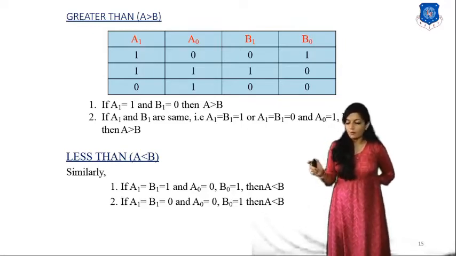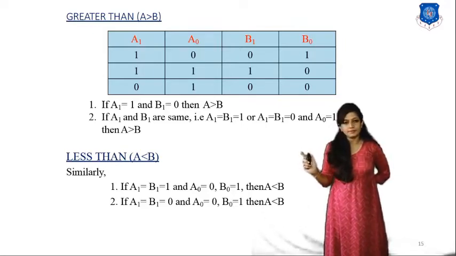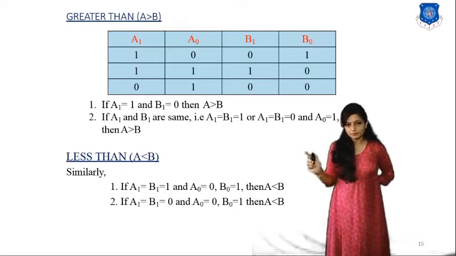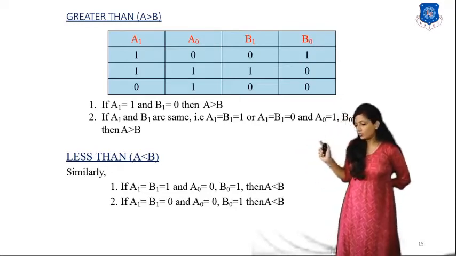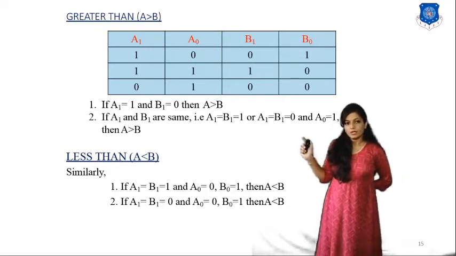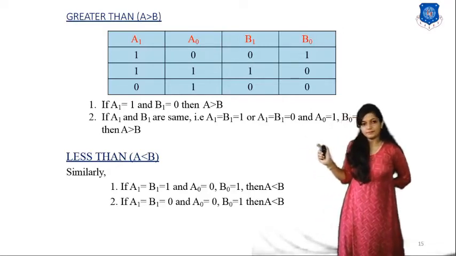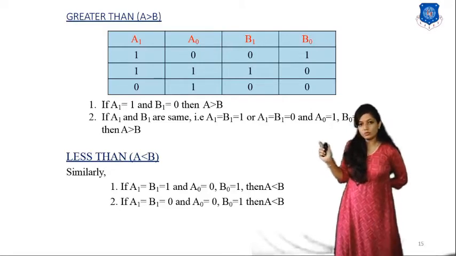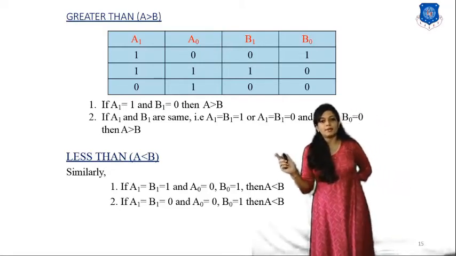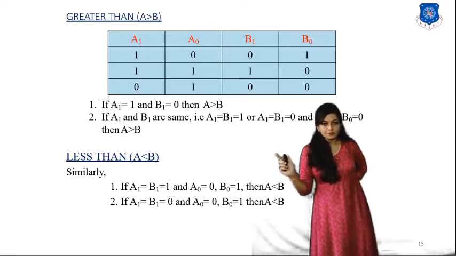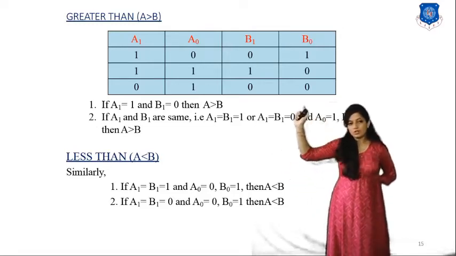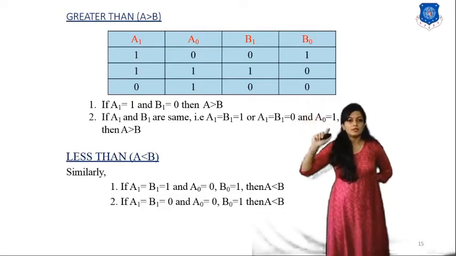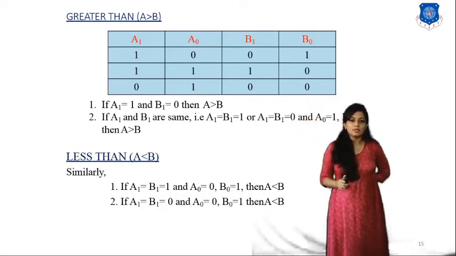That's why the output A greater than B is 1. And the last one, A1 is 0, A0 is 1, B1 is 0, B0 is 0. The same condition will be applied. So this is the combination for which the A greater than B output is equal to 1.